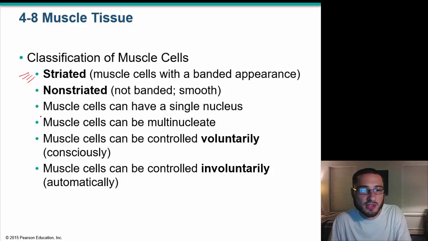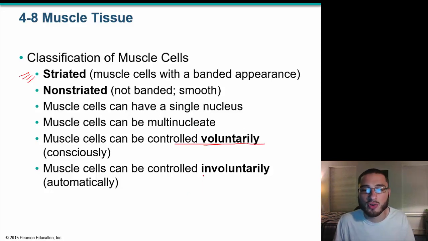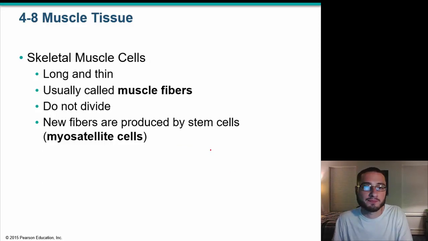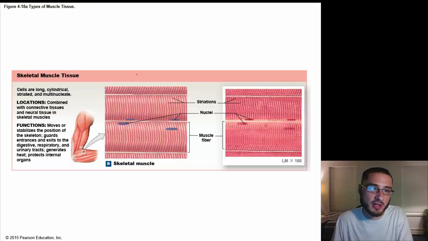Muscle cells can have a single nucleus, or they could be multinucleate, having many nuclei. And then depending on the control, is it conscious and voluntary, or is it automatic and involuntary? I talked about how your skeletal muscle is going to be voluntarily moved, and then your smooth muscle tissue is going to be involuntary. In the diagram, you see skeletal is striated, it has these lines.